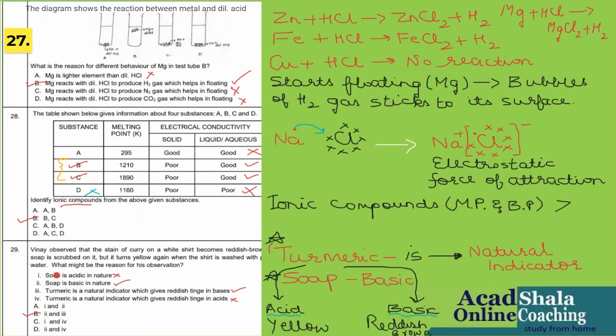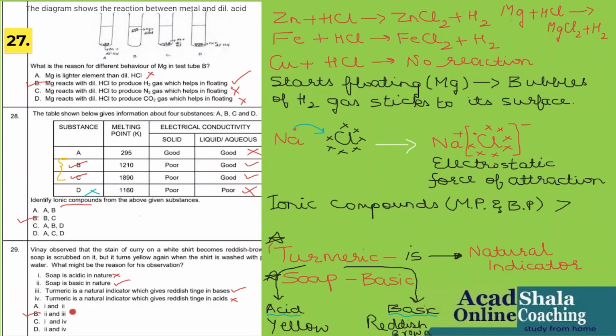Let me check. Soap is acidic in nature? Not at all. I will put a cross. Soap is basic in nature? Yes, I know it. Turmeric is a natural indicator which gives reddish tinge in bases? Yes, absolutely correct. Turmeric is a natural indicator which gives reddish tinge in acids? No, not at all. So among the four, I have found that statements 2 and 3 are absolutely correct.